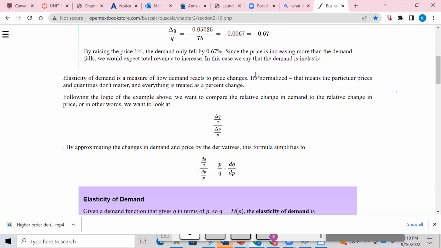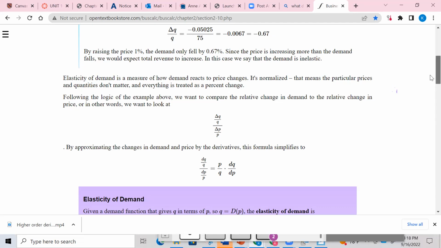The elasticity of demand is the measure of how demand reacts to price changes, and it's normalized. That means the particular prices and quantities don't matter, and everything is treated as a percent change. So if we take the logic from the example before, we found the change in demand over the demand, and the change of price over the price.